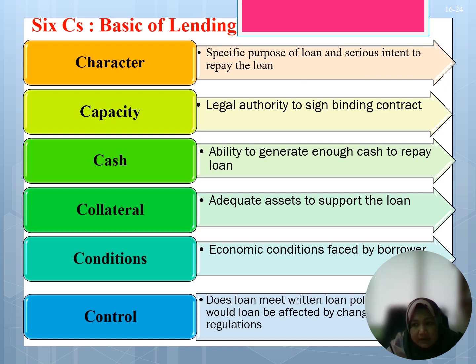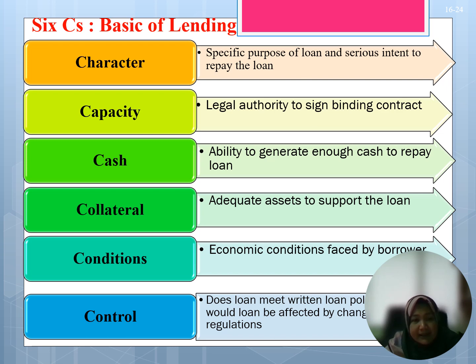If a customer wants to borrow a car loan, they should show, for example, a driving license, the age of 18 and above, and maybe show they are a resident of Malaysia. So this is about whether the borrower has the legal authority to sign the loan contract with the bank.